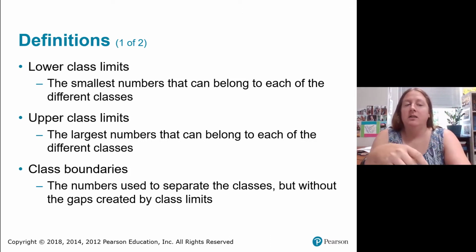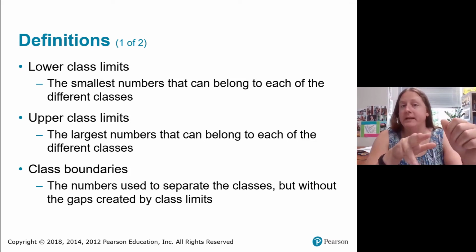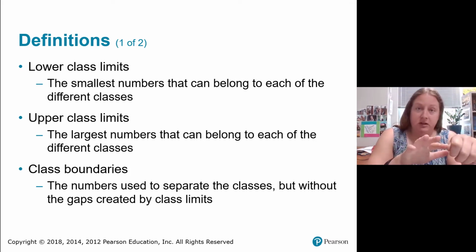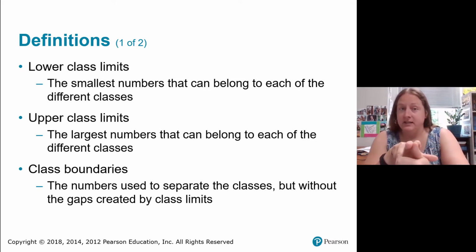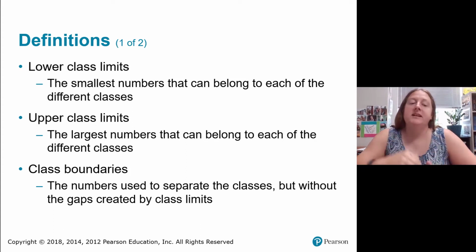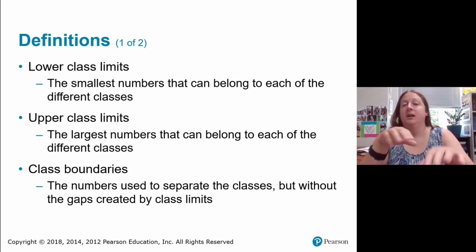Well, then our lower and upper class limits will be whole numbers, so there will be a gap of 1 between an upper class limit and the next lower class limit. The class boundary could be the 0.5 in between, halfway between those two values. So these class boundaries are the numbers that we use to separate the classes, but they don't allow those gaps the way our class limits do.